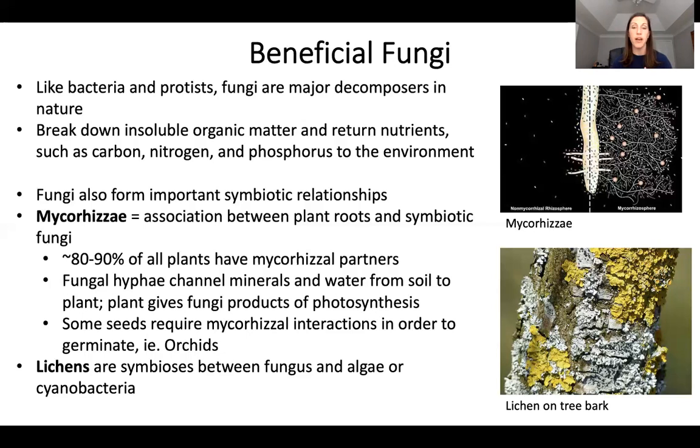So really important there. The last relationship that I want to mention really quickly is lichen. You've probably seen lichen on tree bark or growing on rocks. We mentioned lichen in our discussion about peppered moths in the very first chapter about evolution. So lichen are these crusty looking things.